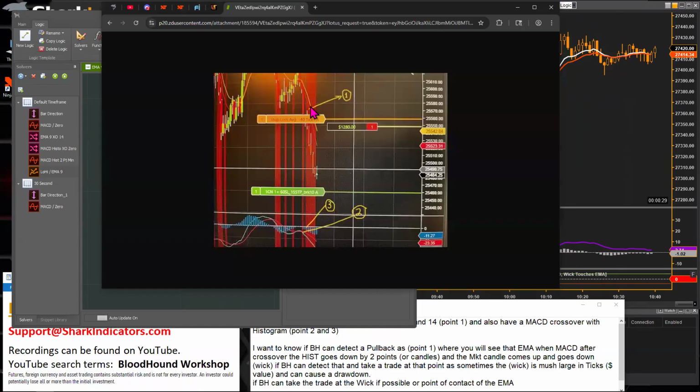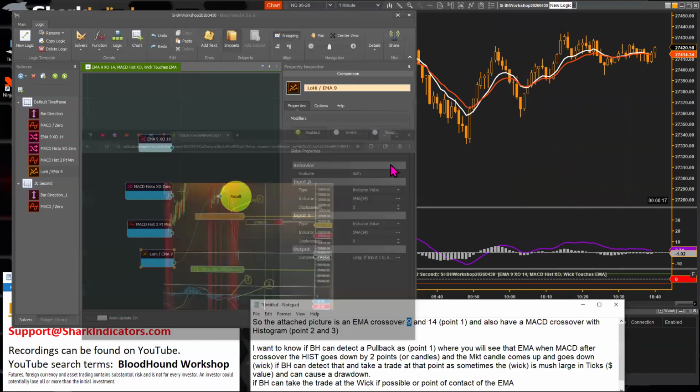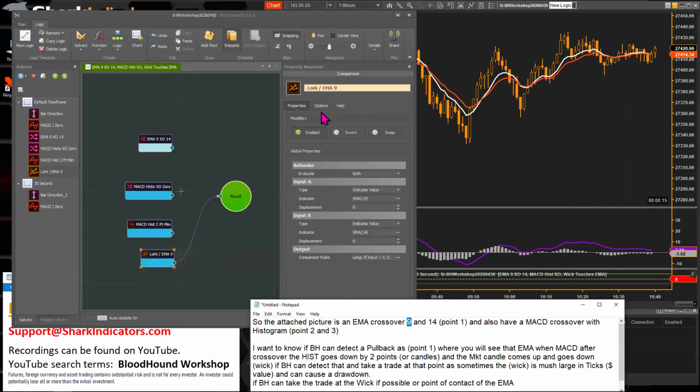So in preparation for a short, we're looking for the high price to touch the EMA 9 there. So the low price is used for a long signal, and the high price is used for a short signal there, all right?